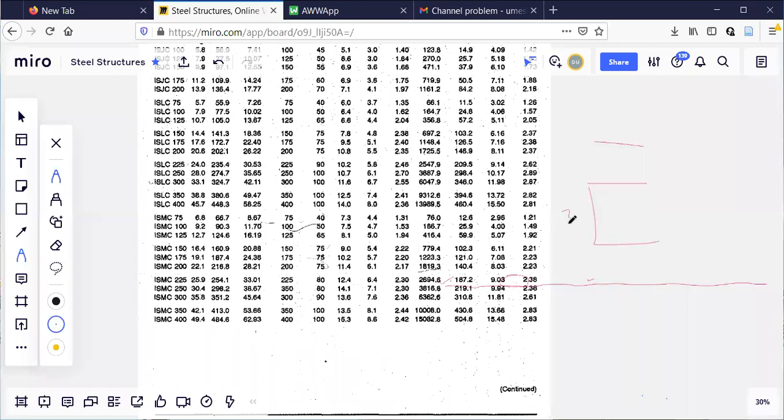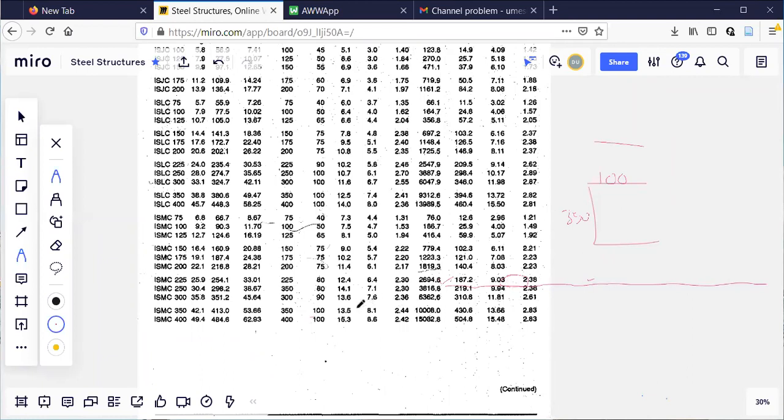This is 350, total height. And 100 means what? This is 100, so thickness of flange, etc.